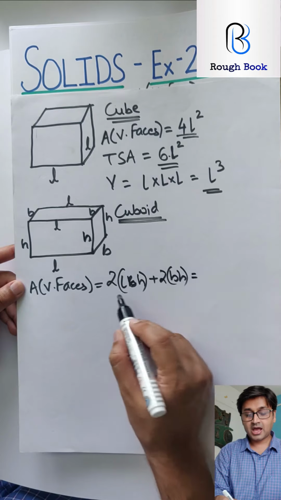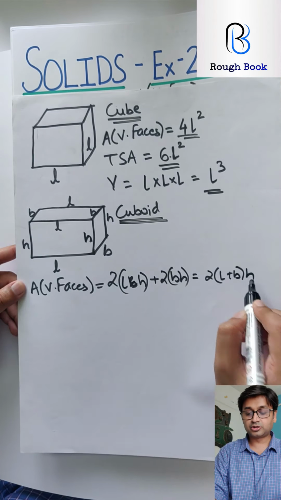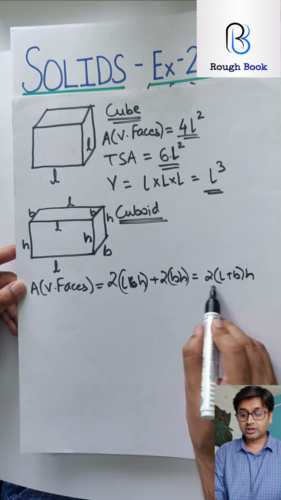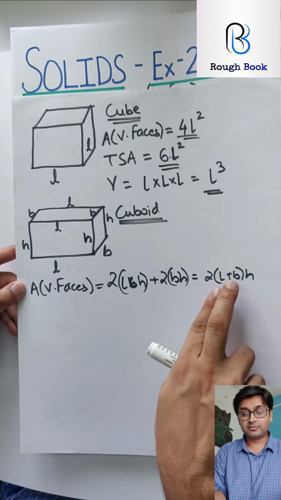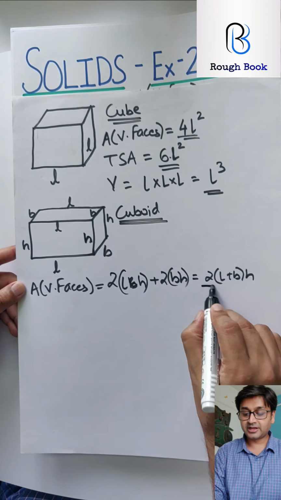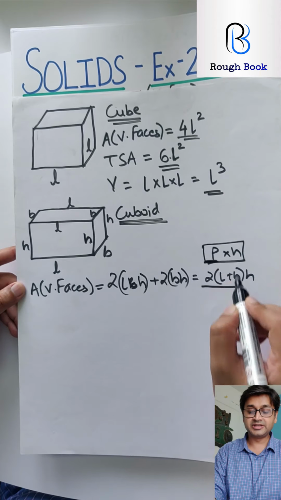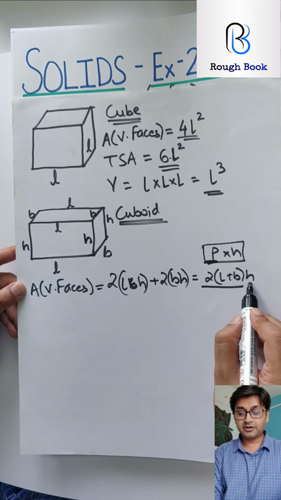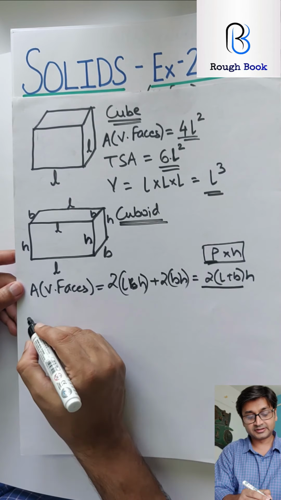So twice, I can pull two common, length plus breadth, and I can also pull height common. You write it this way, twice length plus breadth is the perimeter, into height. It is easy to remember that way. So perimeter into height is the area of vertical faces.